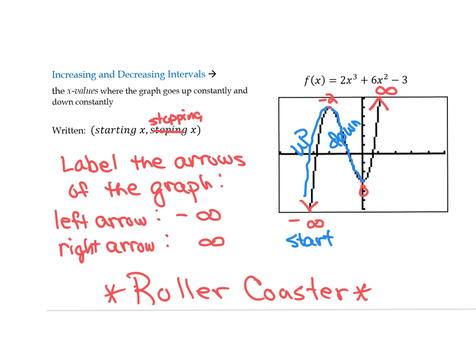And at this point, which is -3 on the y-axis, it is actually changing directions again, and it is going up, which would be an increasing interval. So this particular graph has two increasing intervals, and it has one decreasing interval.